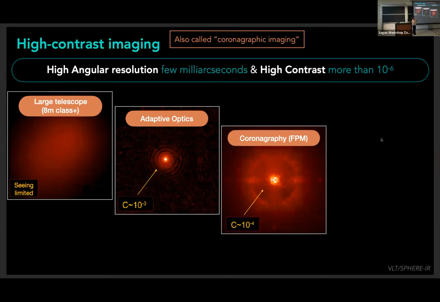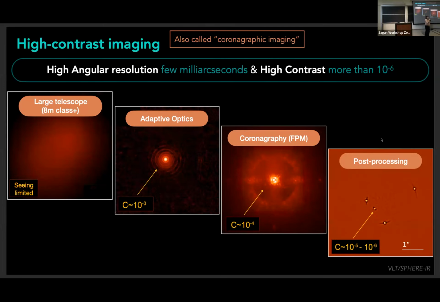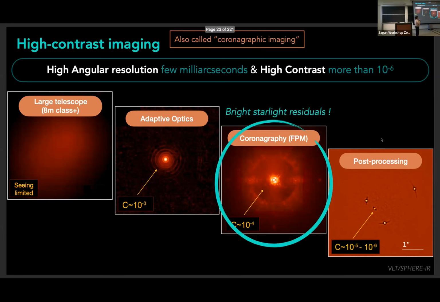Here is the example of a focal plane mask type of coronagraph, the apodized coronagraph that we've seen yesterday. But it's still not enough because here you can see objects that are 10,000 times fainter than the star, and we want 1 million. So that's where the post-processing step is absolutely important to gain those 2 orders of magnitude and carve out the starlight to get those planets.